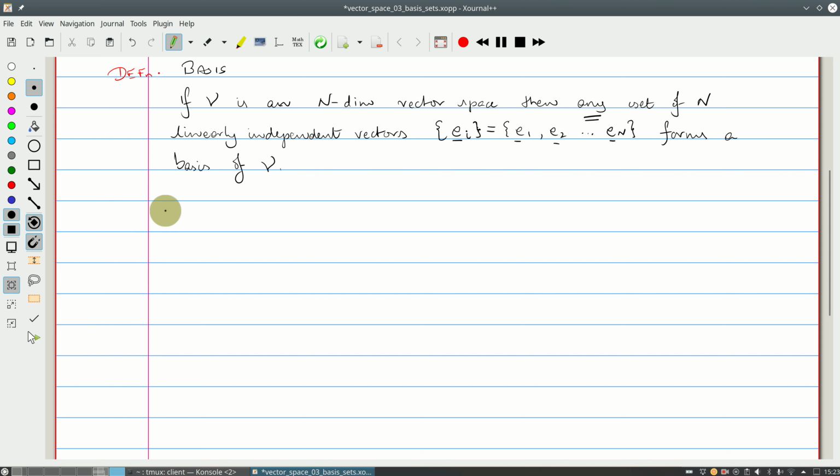Now, if these are n linearly independent vectors, then it follows that if we have another vector x belonging to the space, the set of vectors x, comma, and then all those other vectors e bar I, I goes from 1 to n, this set must be linearly dependent.